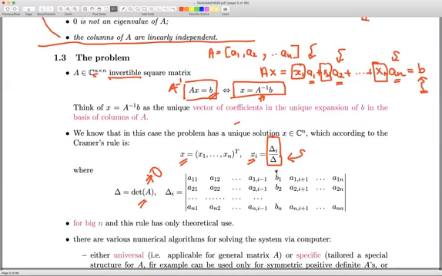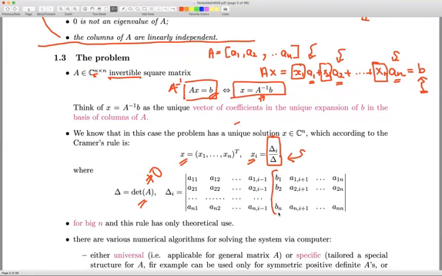We look at the matrix A, and with this index i, we look at the ith column of the matrix A. We remove that column from the matrix A, and we instead insert the right-hand side, which is the vector b. This way we get a new matrix.